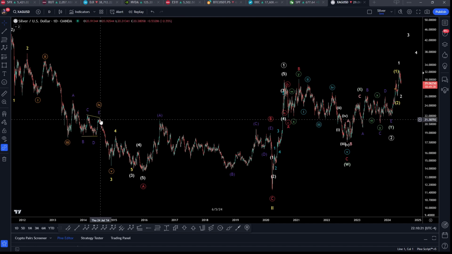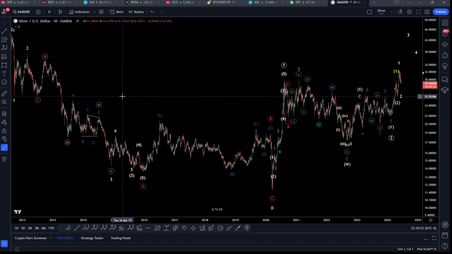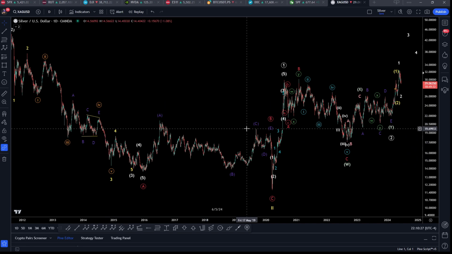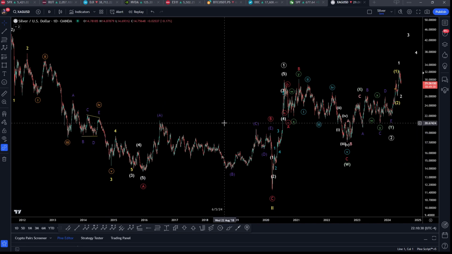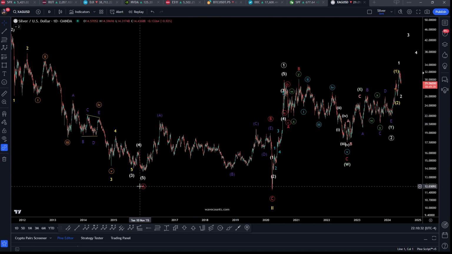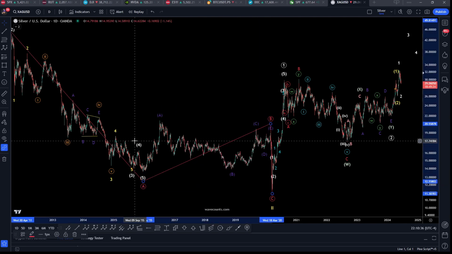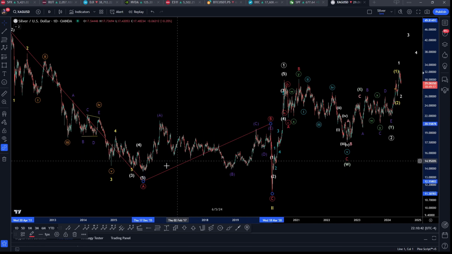Right? So like I said here, whatever happens after a triangle just precedes the final actionary wave of a degree. So in this case, it's the red count. All right, the red thing here, we got the B wave triangle, which will immediately precede the final actionary wave.